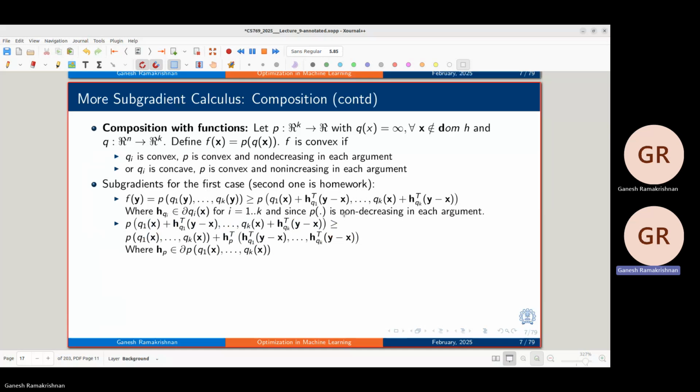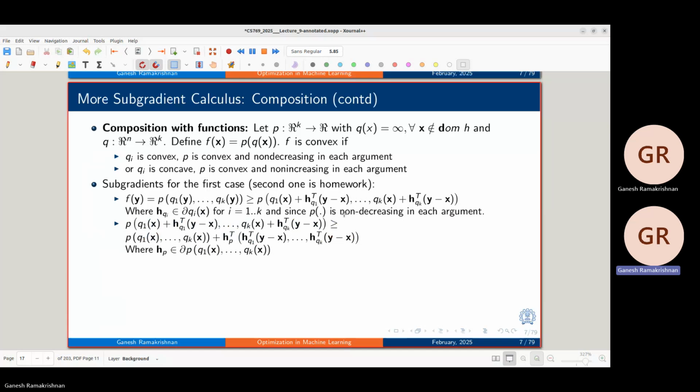Look at the dimensions of the two. P is going from RK to R and Q is going from Rn to RK. The subdifferential of P composed with Q should be in Rn, because you're applying the whole function to Rn.